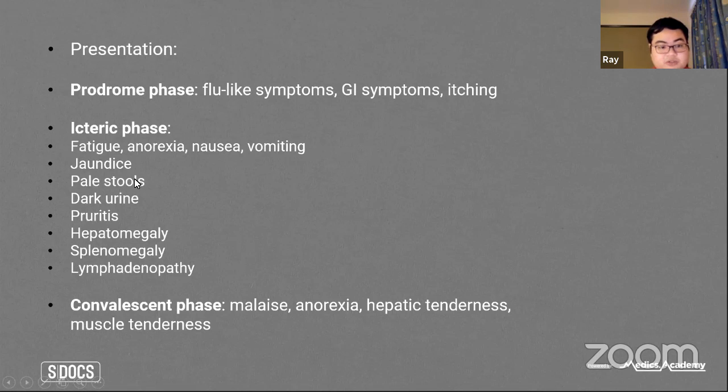Bear in mind pale stools and dark urine, which will indicate a post-hepatic cause. And then we have the convalescent phase, which is malaise, anorexia, hepatitis, hepatic tenderness, and muscle tenderness as well. Okay, so the convalescent phase is the phase when the patient recovers from hepatitis, but this would last up to 6 months.